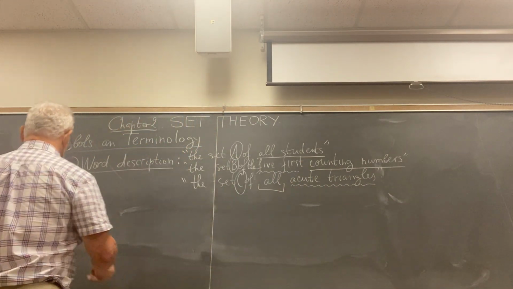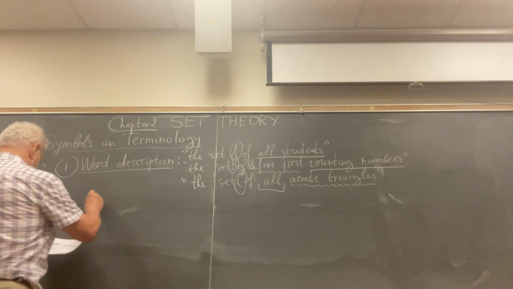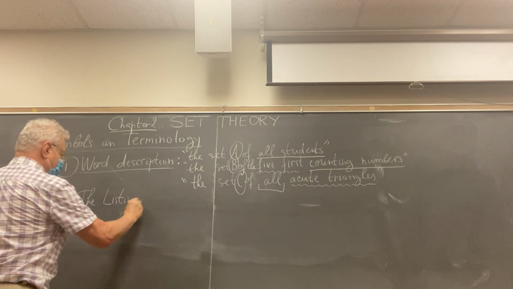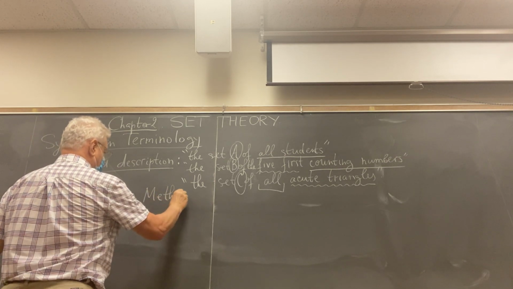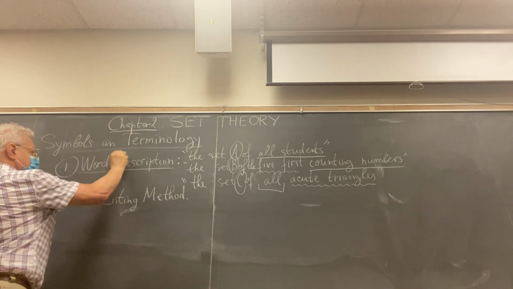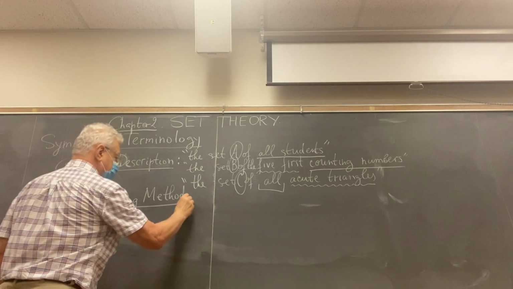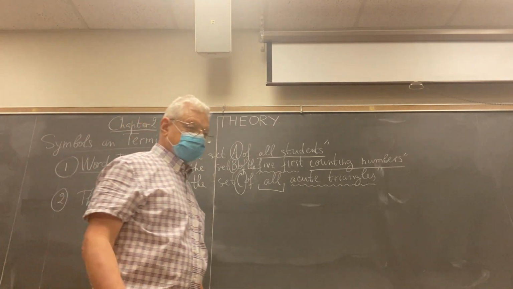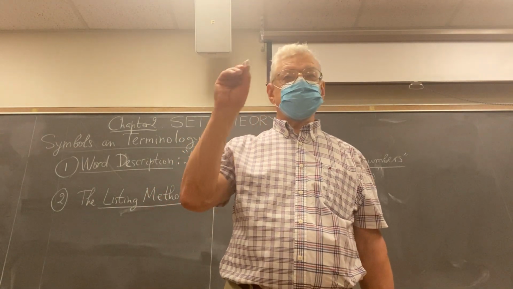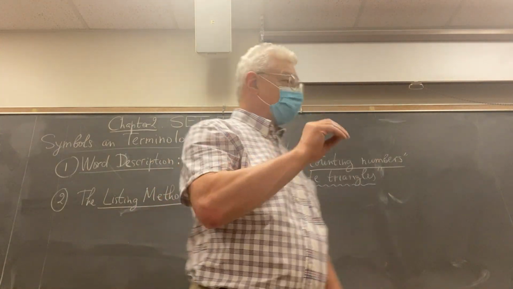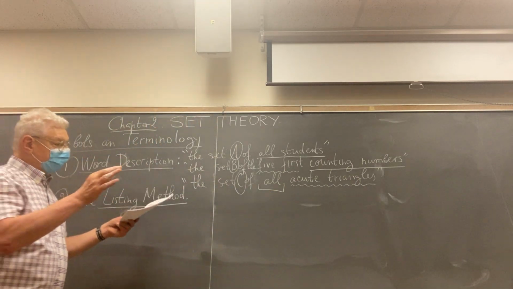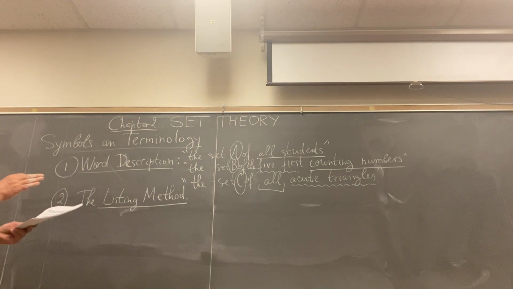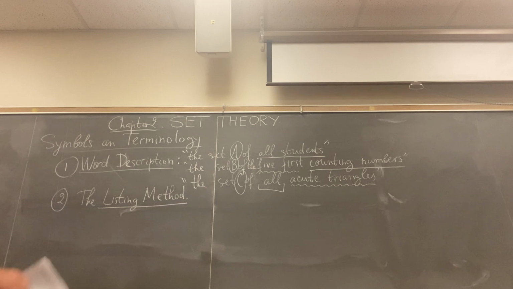Okay, the second one is the listing method. Instead of describing this set with words, I can just draw a picture, or just write the objects in curly brackets.